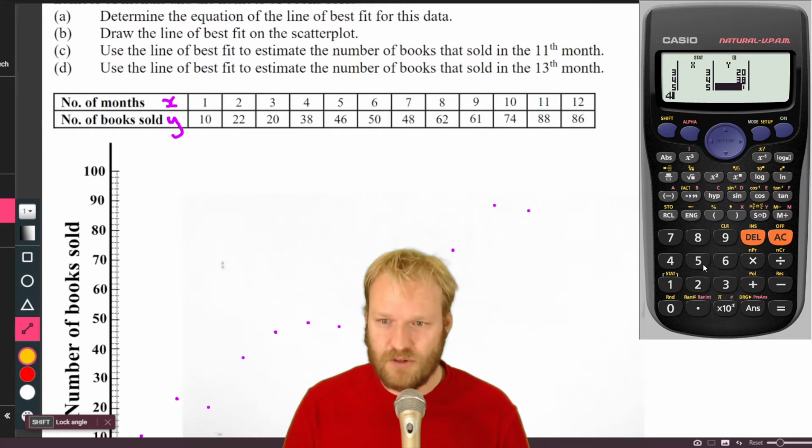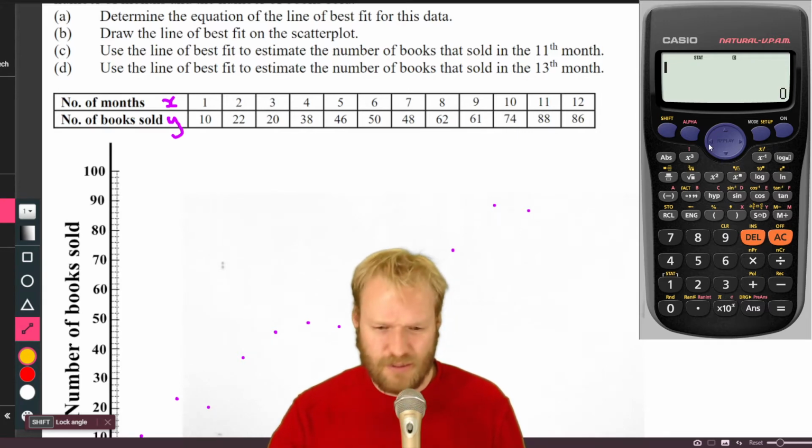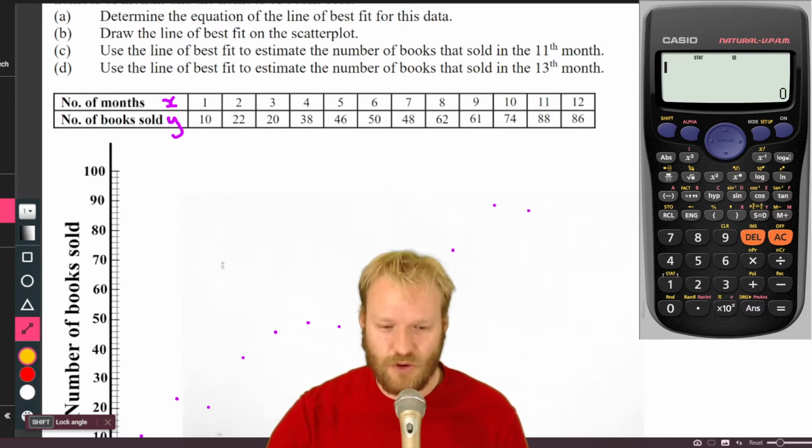Hopefully I've not input one of these incorrectly. 50, 48, number 8 is 62, 61, 74, 88, and we finish off with 86, equals, and we press AC. That's similar to what we've used our calculators for before.